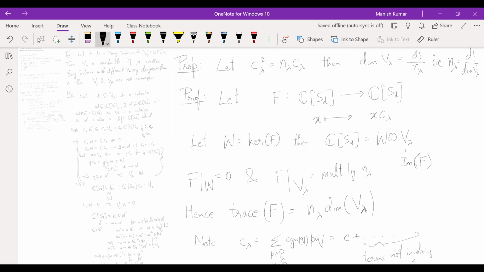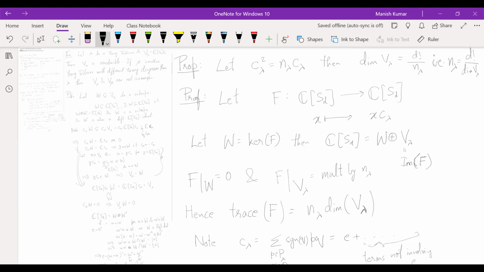So it's S_d equivariant. So if you take W to be the kernel of F, it's actually a sub-representation of CS_d. Okay. And so, of course, as a vector space, you can write it as the kernel of F plus the image of F.